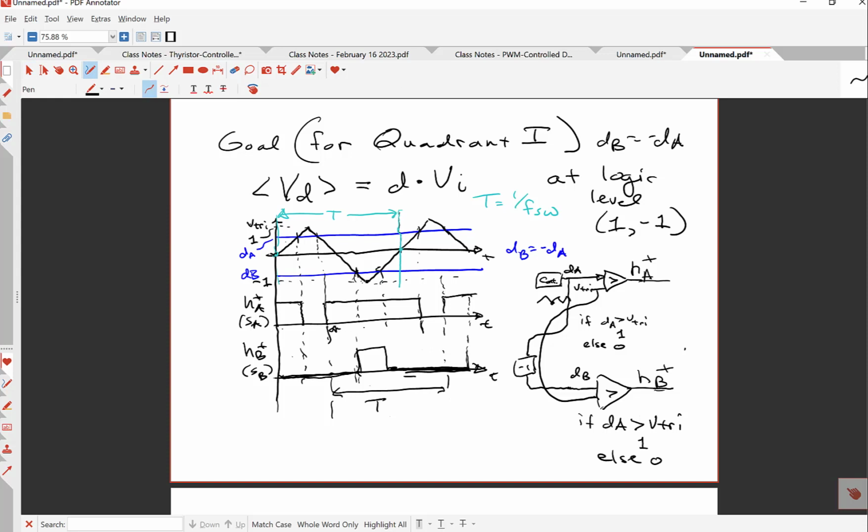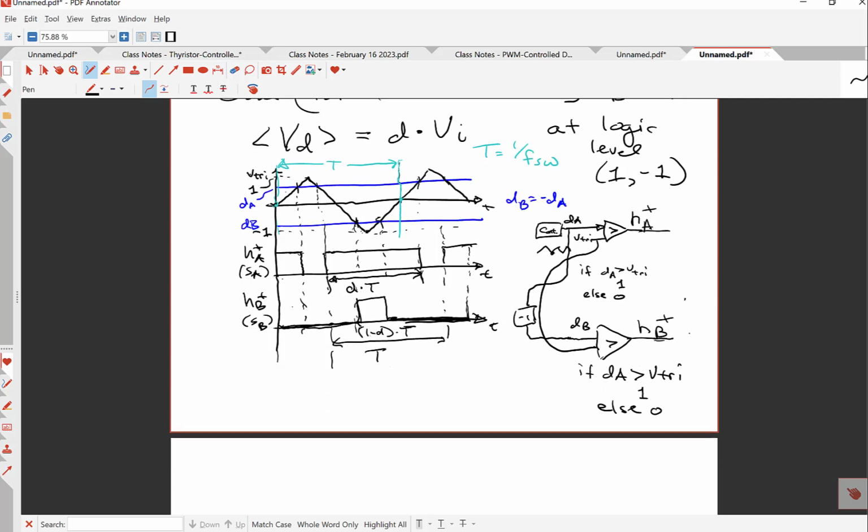So the pulse width itself will end up being D times T, just naturally, that's what we've got. And that's for the phase A leg, but the phase B leg, interestingly, is going to be 1 minus D times T.